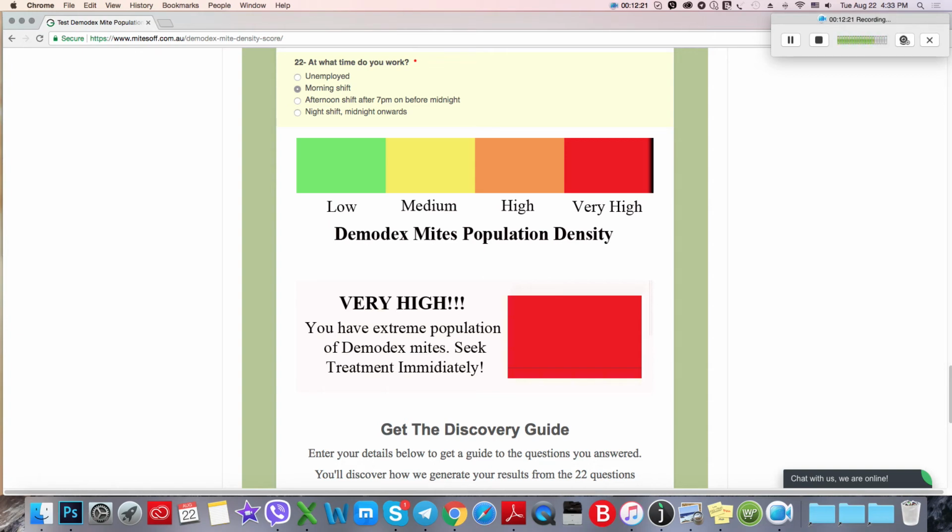And honestly, best case scenario, most of your symptoms are attributed directly to a very high population of Demodex mites. As soon as you get rid of those mites, the symptoms also obviously go, because there are no more mites to cause the problems.